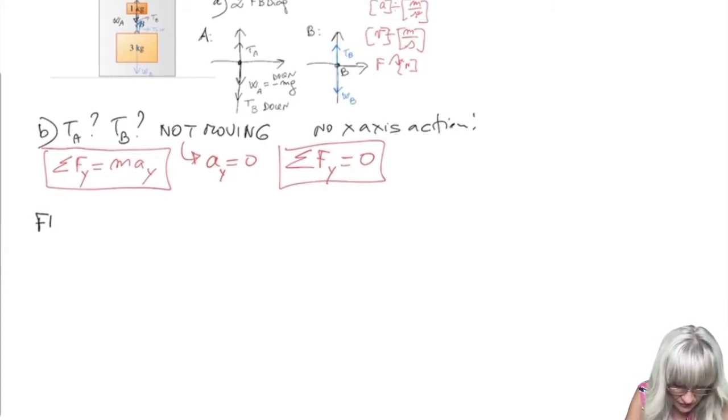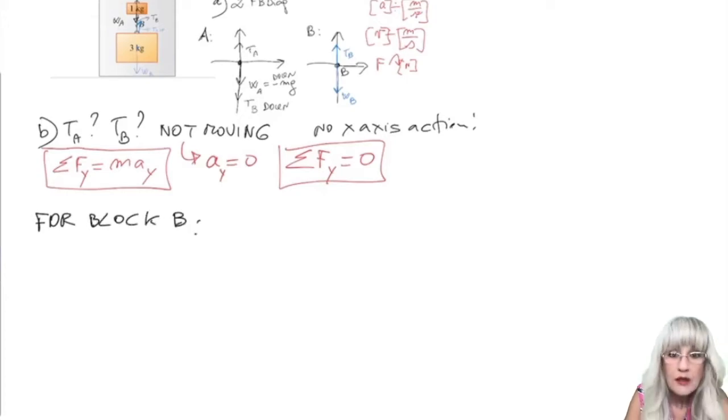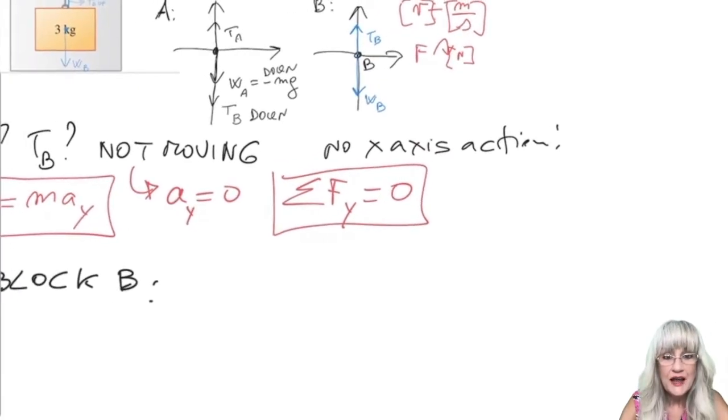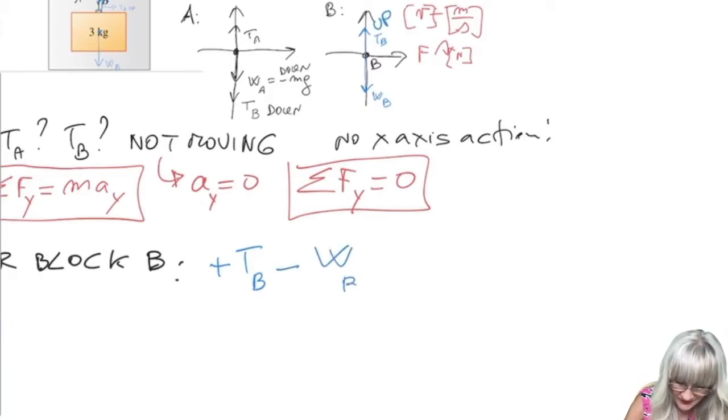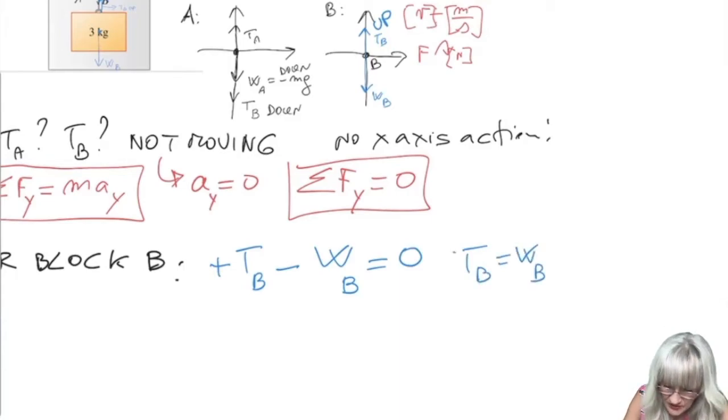So I'm going to say for block B, if you look at the free body diagram for block B, I'm going to do it in blue. It is going to be a positive T of B, positive because it's up, minus the weight B, equals 0. So T of B equals weight B. The weight becomes positive going past the equal. You remember the weight in general is mg.